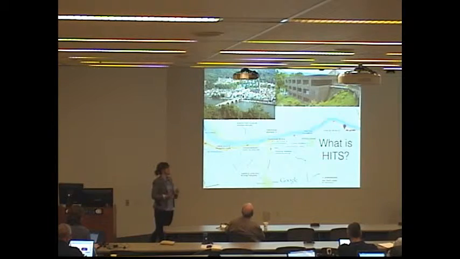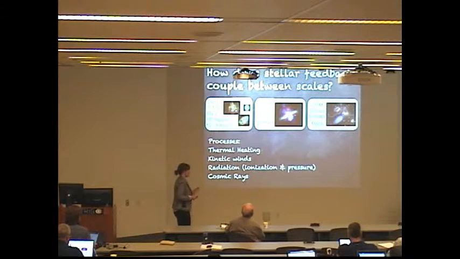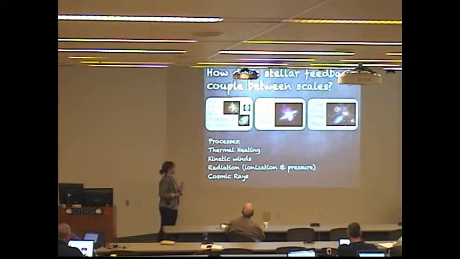But today I'm going to be talking about feedback in galaxy simulations, like every galaxy simulation talk at this meeting. But just to reiterate, why is this such a difficult problem, and why have we spent so much time and energy on it?